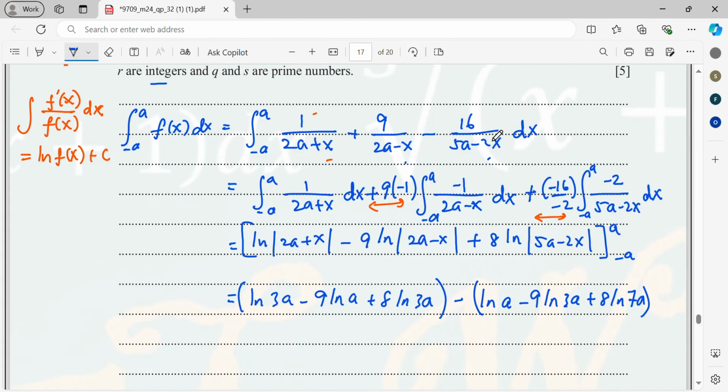Then now leave your answer in the simplest form. I will rewrite first.